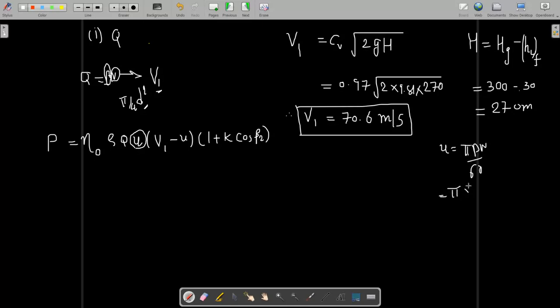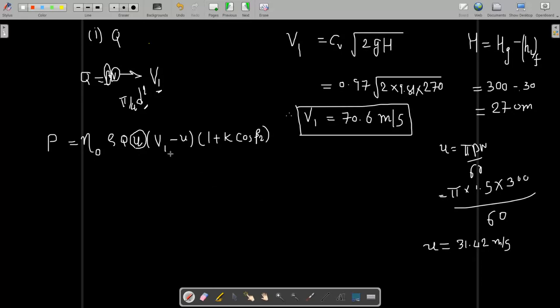Diameter is given, 1.5 meter, RPM is given to us, 300 RPM, and 60. When you solve this, you will find 31.42 meter per second. This is the bucket velocity.